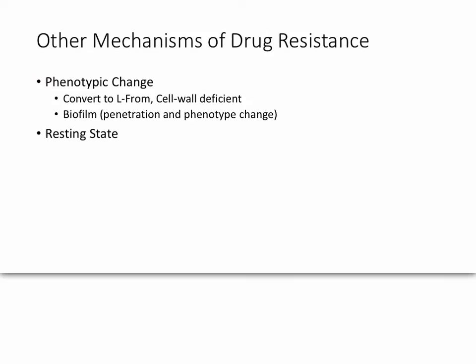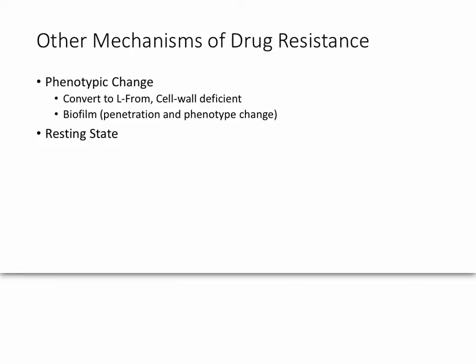There are a few other mechanisms that aren't specifically called mechanisms of drug resistance, but they do actually confer drug resistance. The first is called a phenotypic change. If you change your phenotype, if you change the way you look, your morphology, then you can become resistant to a drug. One of the things is bacterial cells will convert to an L form in some cases.